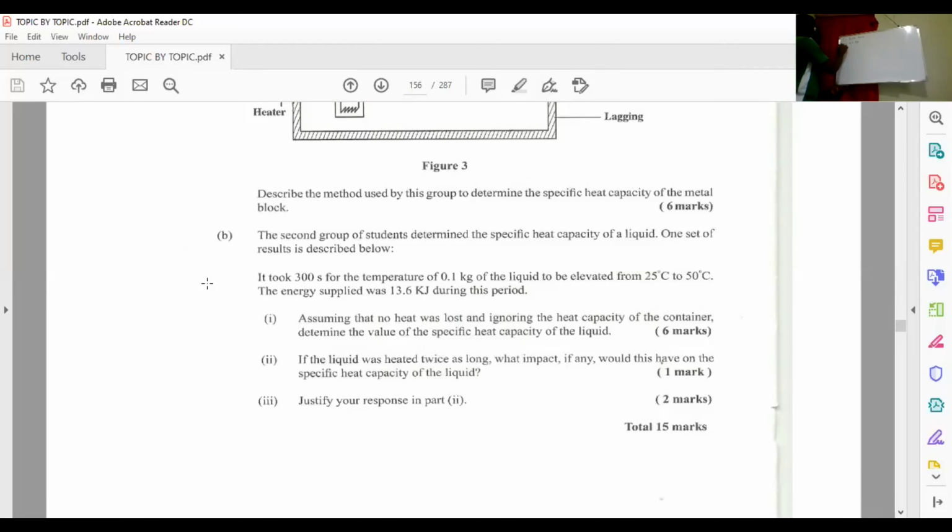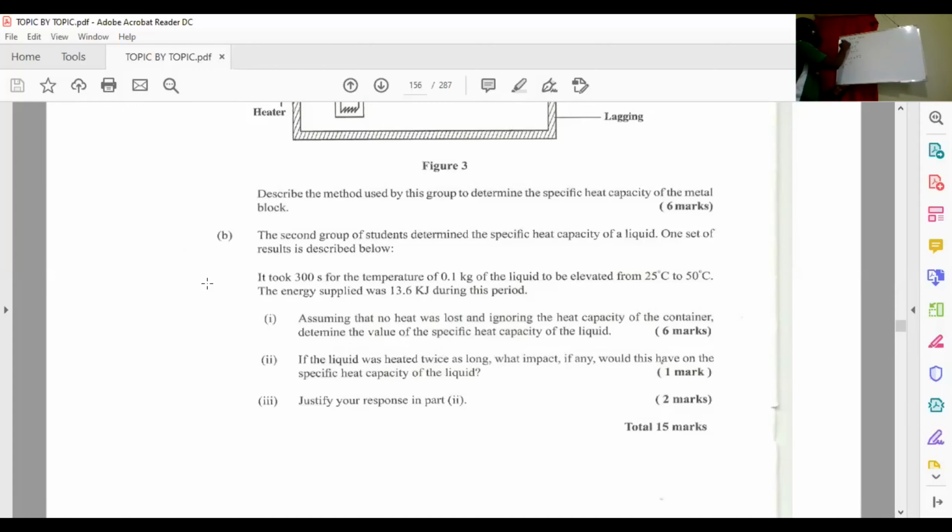We're given the initial temperature, which is 25 degrees, and the final temperature, 50 degrees. And then the energy supplied is 13.6 kilojoule, and we need to find the C of the liquid.